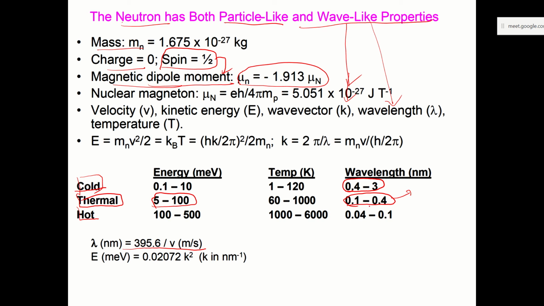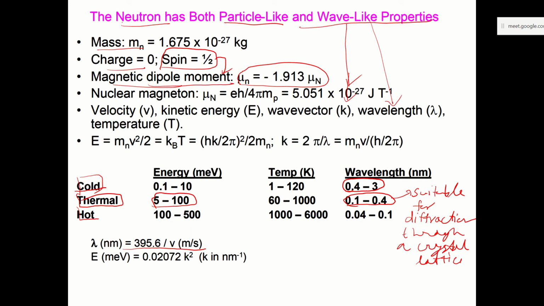So this is the wavelength that is suitable for performing diffraction through a crystal lattice. If we put it in angstrom, it is 1 angstrom to 4 angstrom. So that's the range of the interatomic distances.